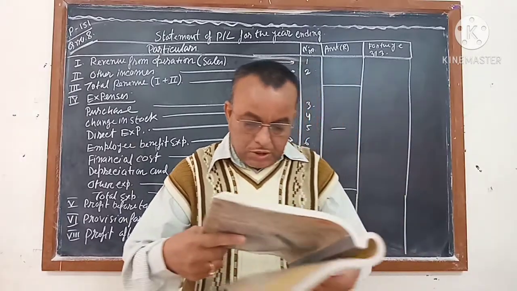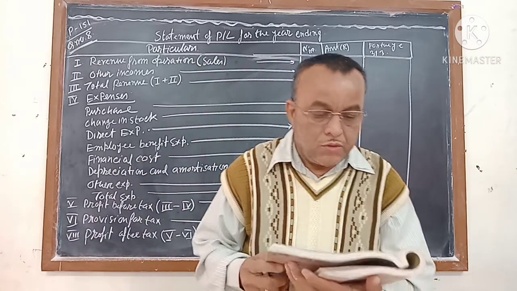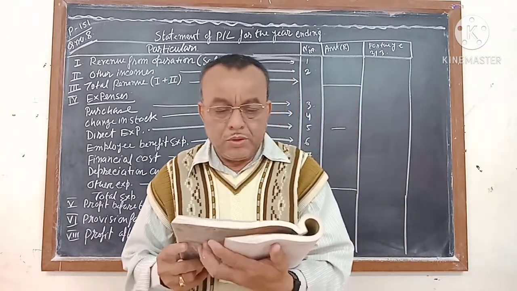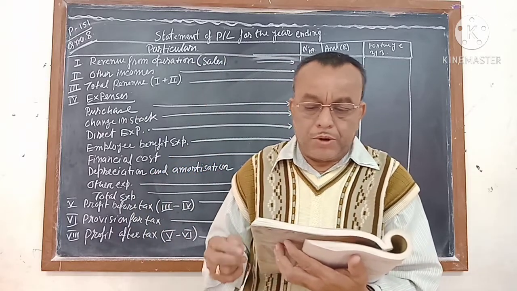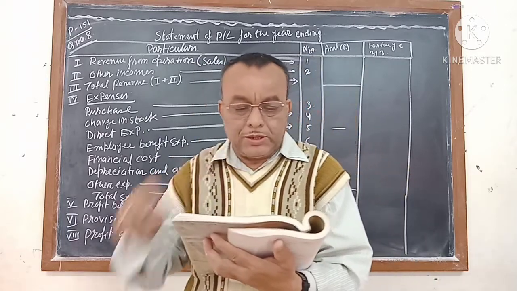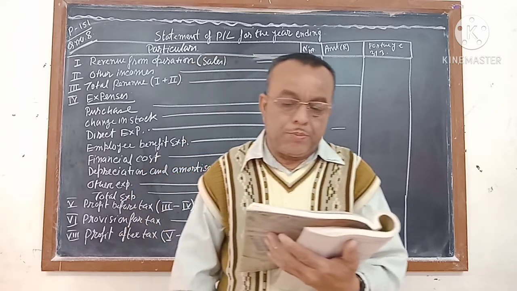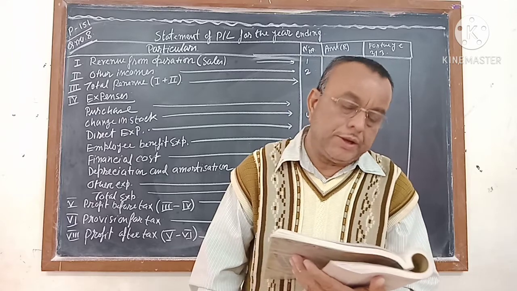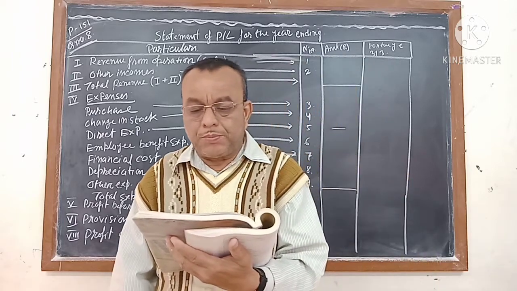Now, page number 151, question number 8. The following balances are taken from the books of Part-8 Limited. Prepare the statement of profit and loss for the year ended 31st March 2017 as per Schedule 3 of Companies Act 2013. What is given? The following balances are taken from the books of Part-8 Limited.